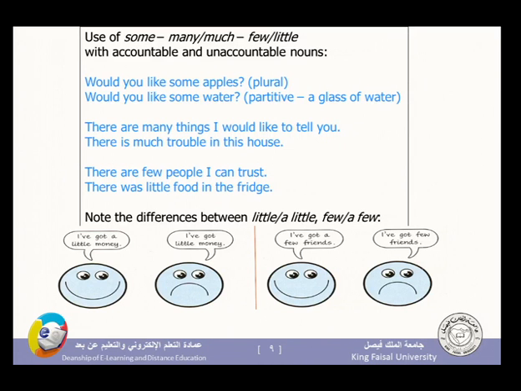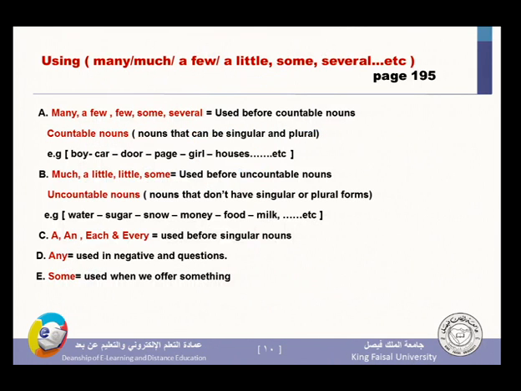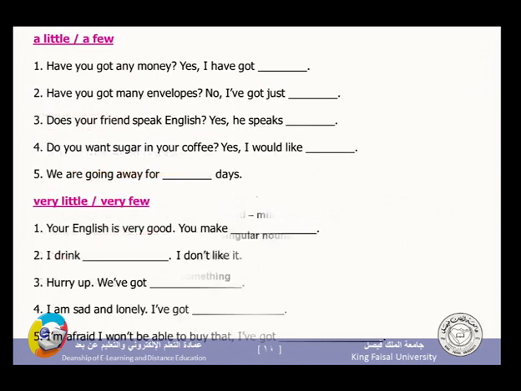And I would also like to remind you of an important thing, which is the use of few and a few. Few and a few are used with countable. Little and a little are used with the uncountable. I just try to concentrate on what I think is very important.